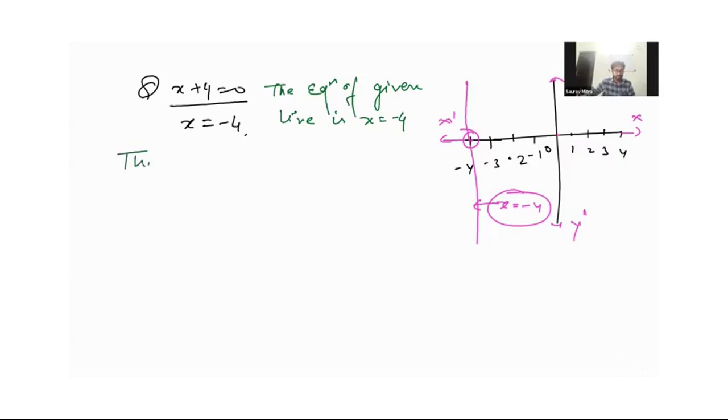This equation does not contain the term of y.